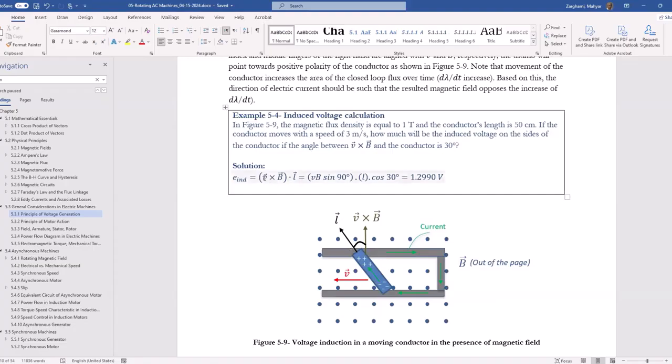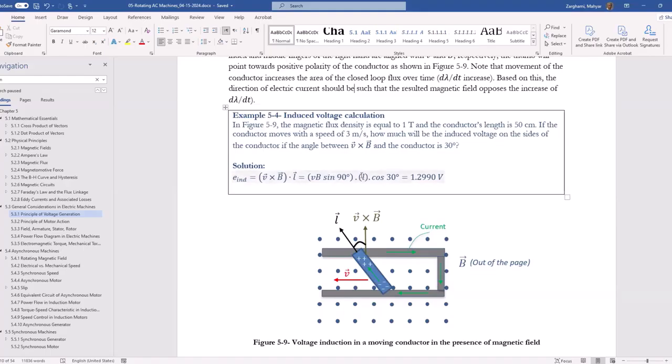So we first need to find V cross B. V cross B will have a magnitude of VB times sine of 90 degrees, and 90 degrees is the angle between the V and B vectors. V and B vectors are 90 degrees apart, right?